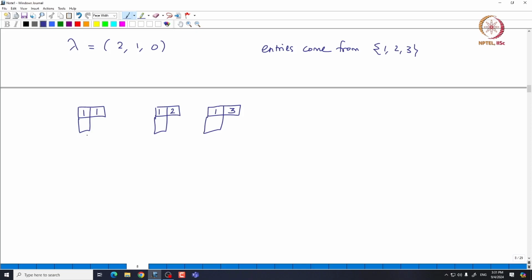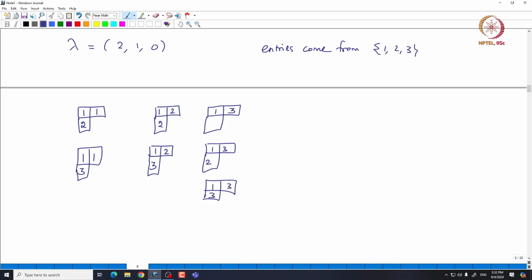If this is 1 1, then this entry must be increasing, so it must be 2. That is one possibility, and another possibility is if it is 1 1, then it can be 3 here in the bottom. Similarly, if it is 1 2, then it can be 2 here, and similarly 1 3, and then 1 3 3. These are all the possibilities.